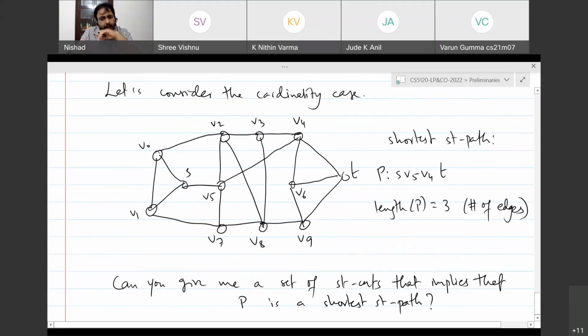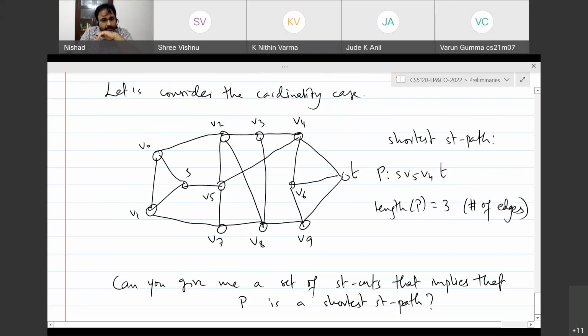So you note one thing, every ST path has to meet every ST cut, right? Which means if I give you any ST cut, your ST path has to use at least one edge from that ST cut. Okay. So can you now use this observation to come up with a collection of ST cuts? I will give you a hint. It has to be 3 ST cuts.